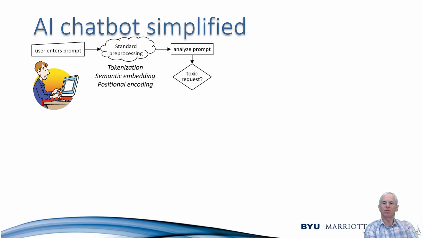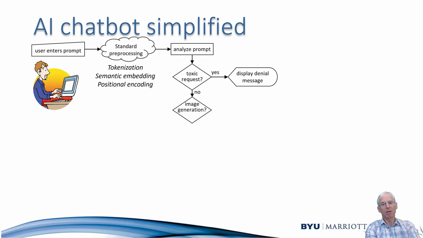Are they asking us to do something that's outside of our terms and conditions and scope? Things that might be harmful to others, like ways of creating bombs or things like that. If it's toxic, then we just say, we can't do this particular thing you've asked me to do.